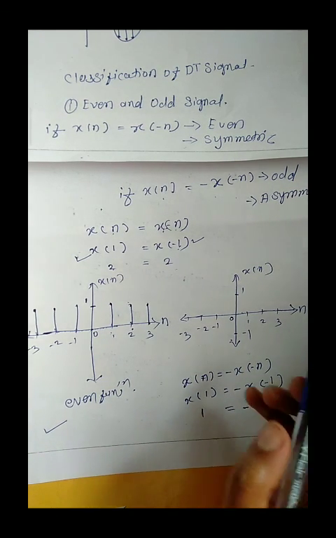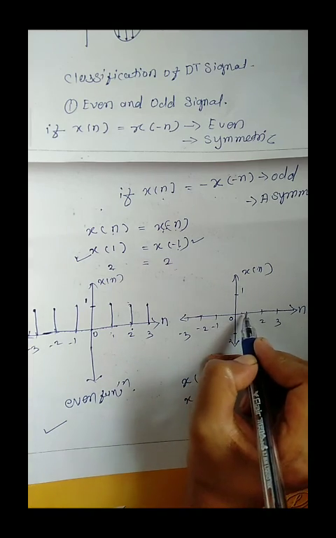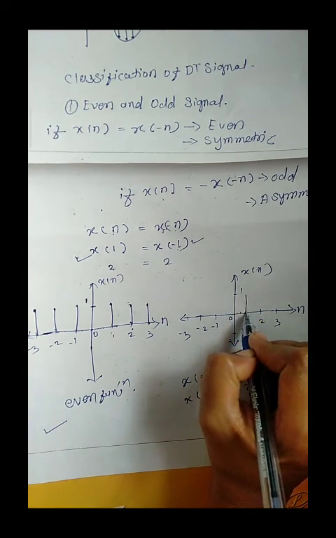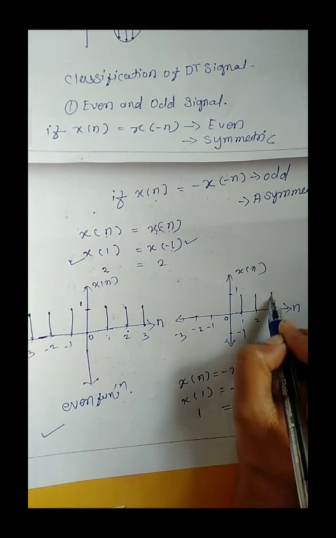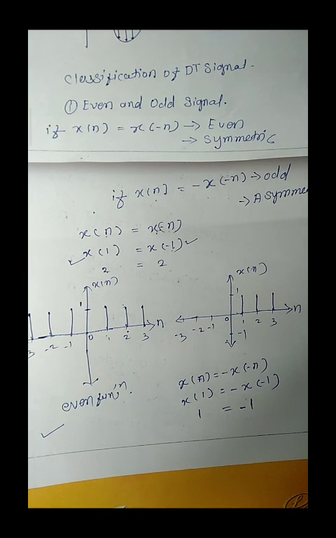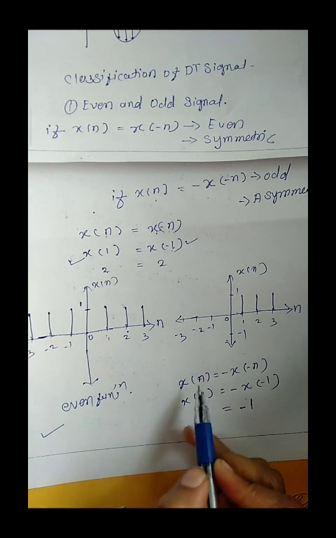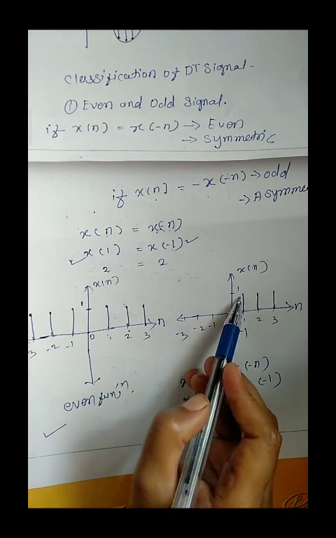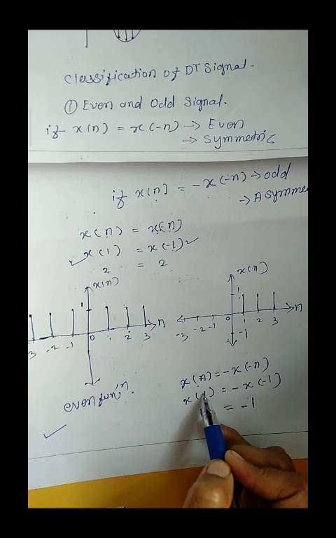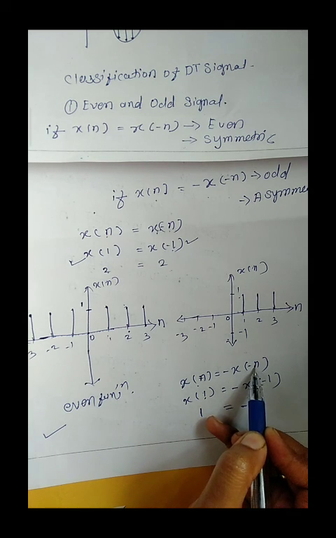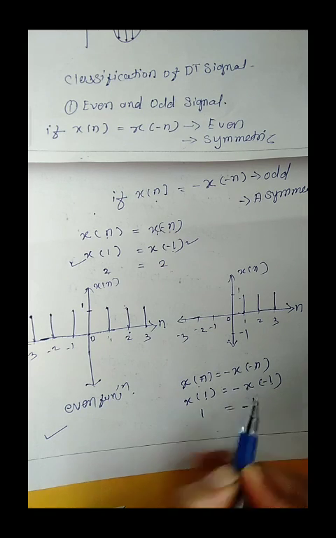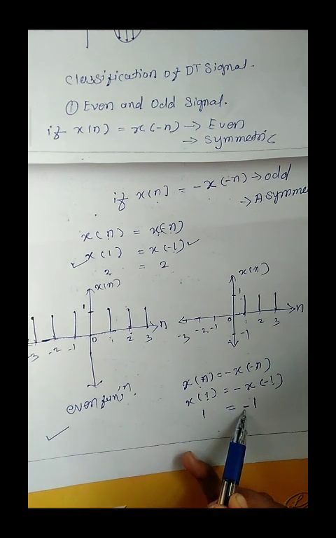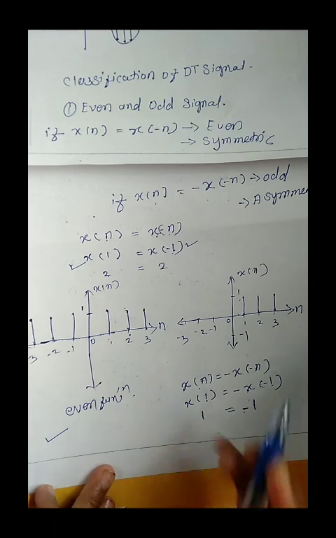Let's see. If x of 1 is 1, x of 2 is 1, x of 3 is 1, then put n as minus 1: x of minus 1 is equal to minus 1.